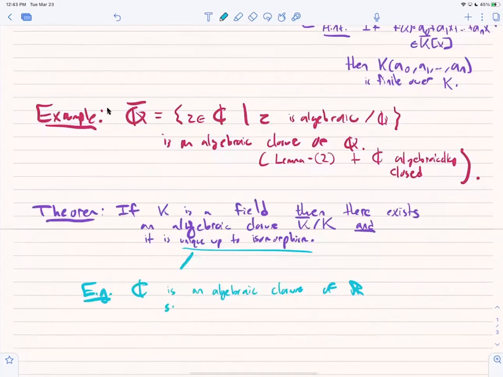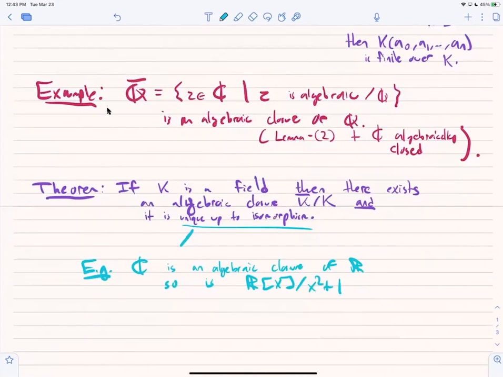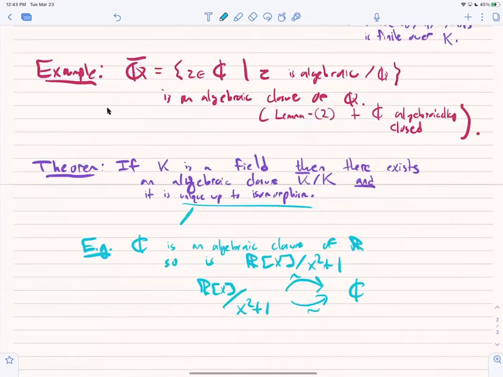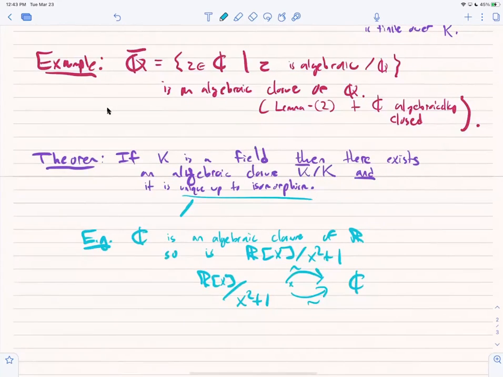And so is R[X] mod X squared plus 1. But there are two different isomorphisms of those extensions. I could send X to i, or I could send X to minus i.